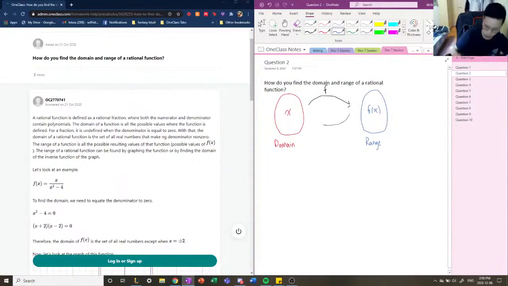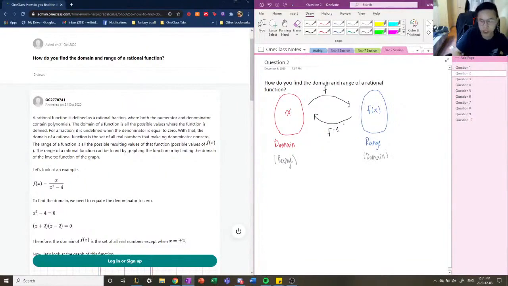What's very neat about the inverse function is that the range of the original function becomes the domain of the inverse, and the domain of the original function becomes the range.